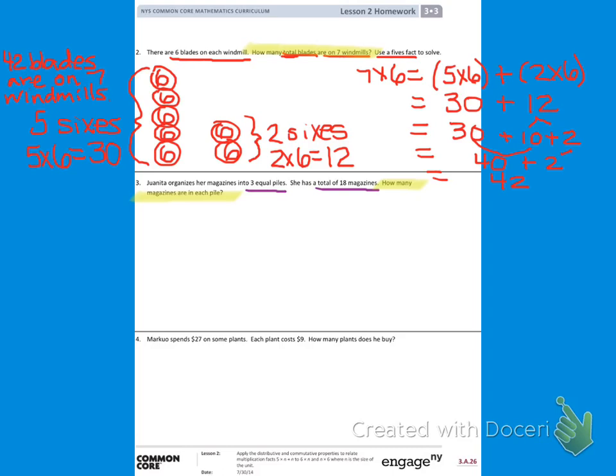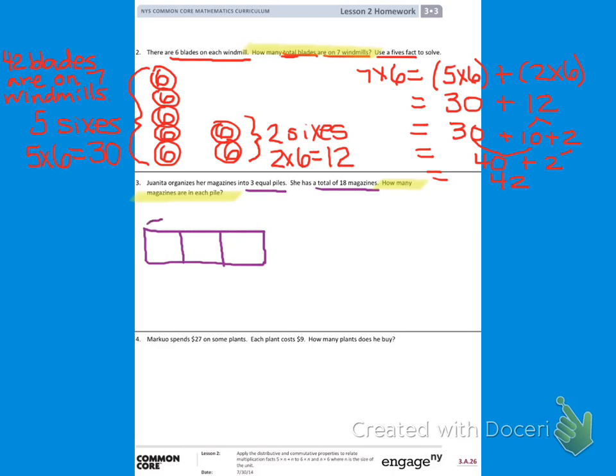In order to solve the problem, I will draw a tape diagram. I know that my tape diagram needs to have 3 sections, because in the story it says that Juanita organizes her magazines into 3 equal piles.